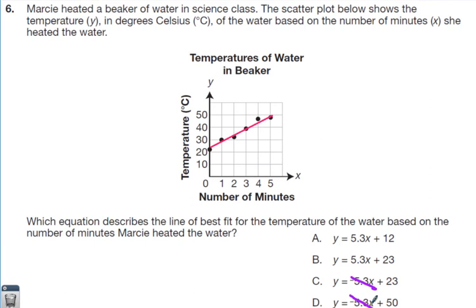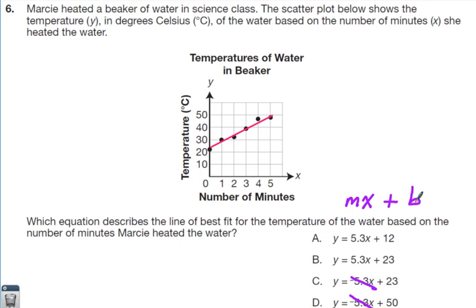And so now you just got to choose between A and B, and the only tiebreaker here is, do you think the B value, because of mx plus b, once again, mx plus b is our friend. So there 5.3 is the m, the slope, and then this would be the potential B value, which, what's B mean? It means the y-intercept.